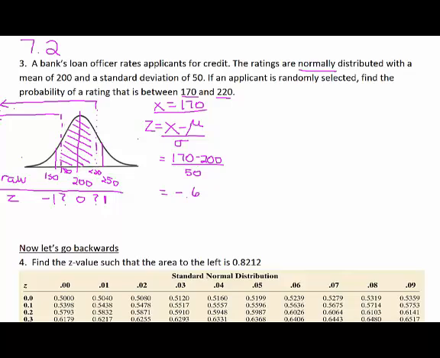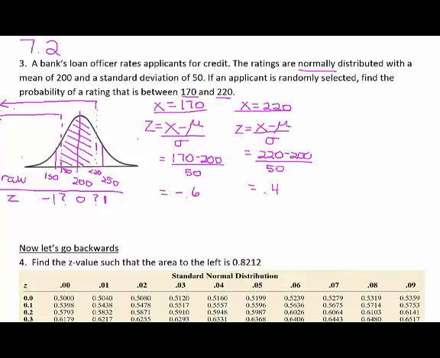Okay, and so then let's do the same thing for the 220. I always write the formula, even though it's right there. So I'm going to stick in 220 because that's what I'm testing, minus 200, divided by 50. And when you crank all that out, it's going to give you 0.4.